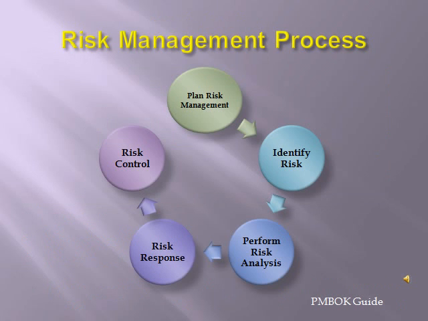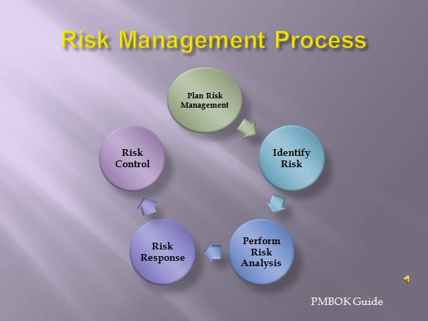Risk management process has 5 steps according to the PM Book Guide. Step number 1, risk management planning. Step number 2, risk identification. Step number 3, risk assessment, which involves both risk analysis and risk evaluation.